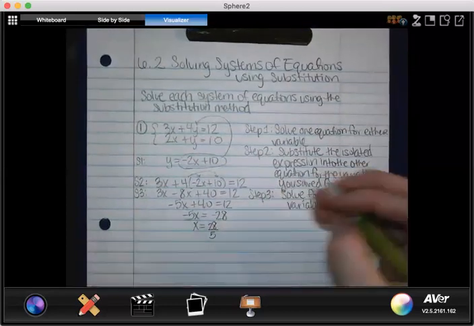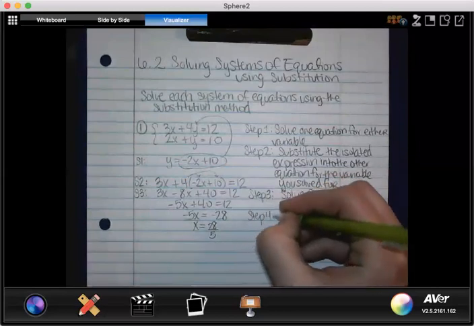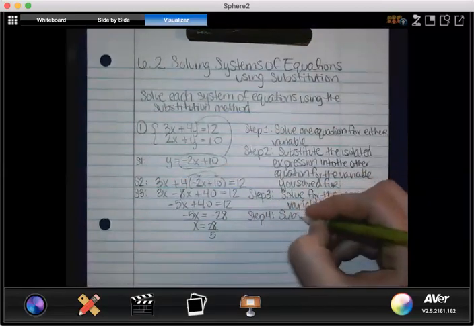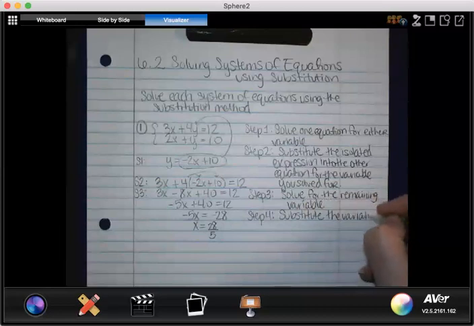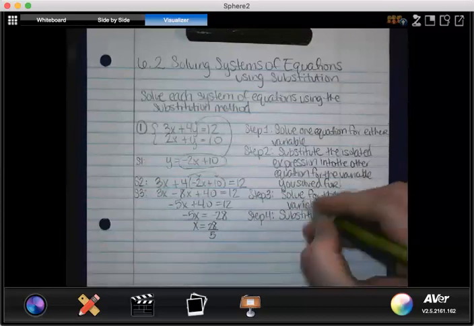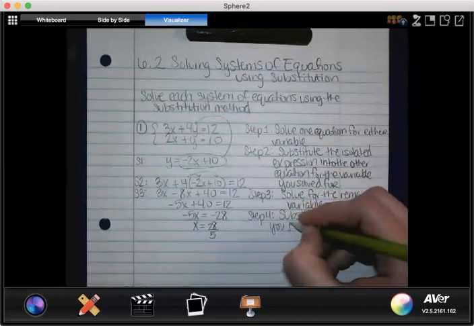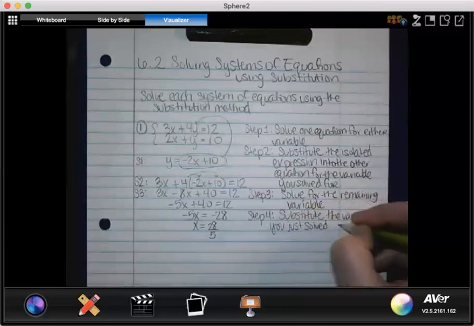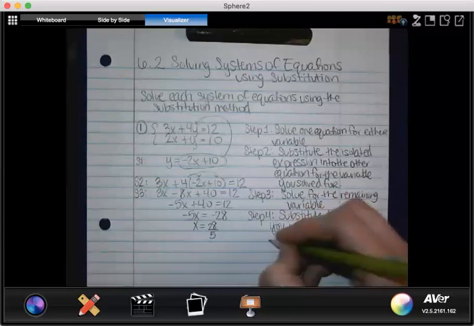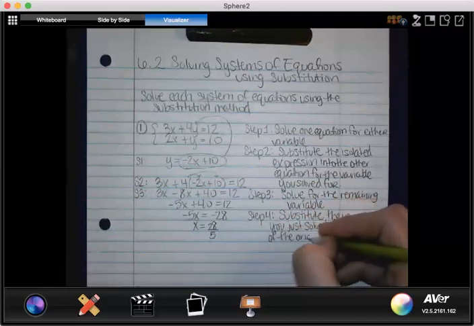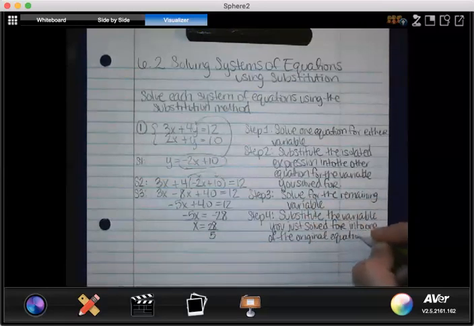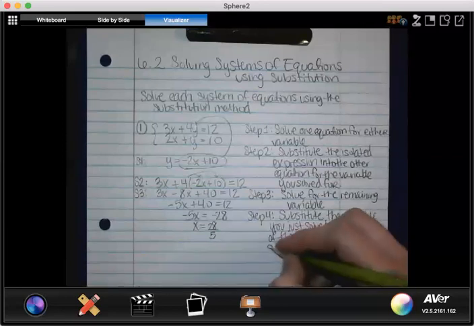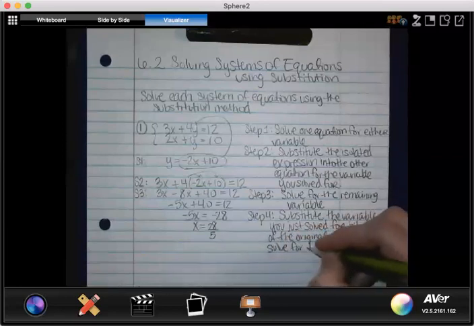Step 4. You are now going to substitute the variable you just solved for into one of the original equations to solve for the unknown variable.